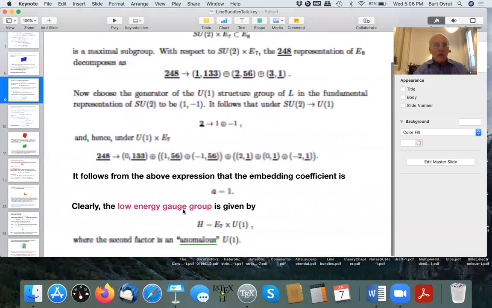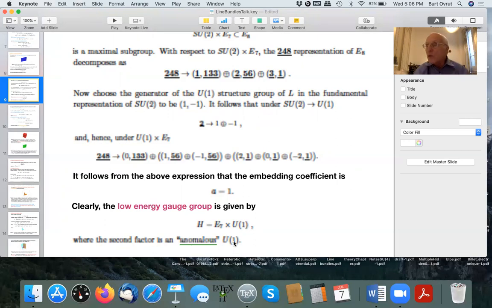And clearly, the low energy gauge group here is going to be, as I said, from here, you embed into SU2, you're going to get an E7. You also get a U1, and the U1 commutes with itself, so it enters the low energy theory as well, but that makes it an anomalous U1.